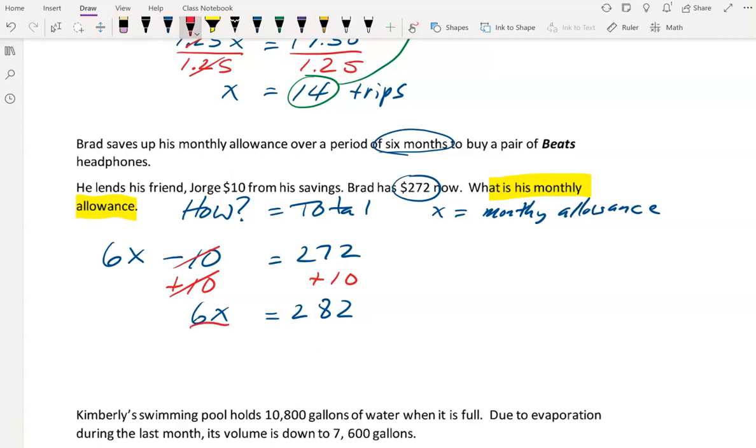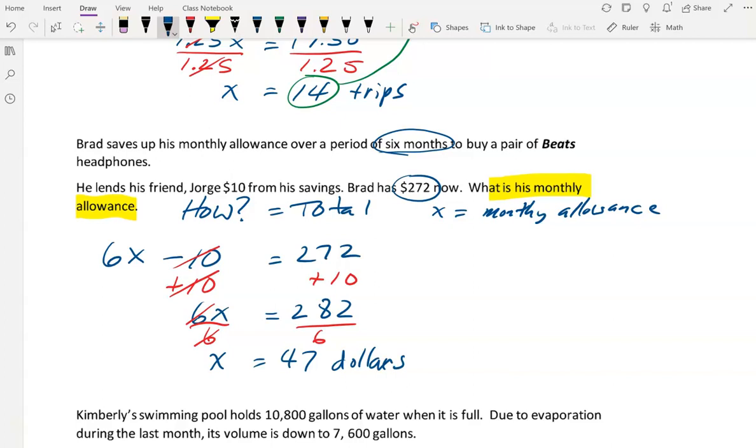And now I divide both sides by 6 because that will undo the multiplication of 6. And now x is equal to 282 divided by 6, which is 47. X is 47. His monthly allowance is $47.